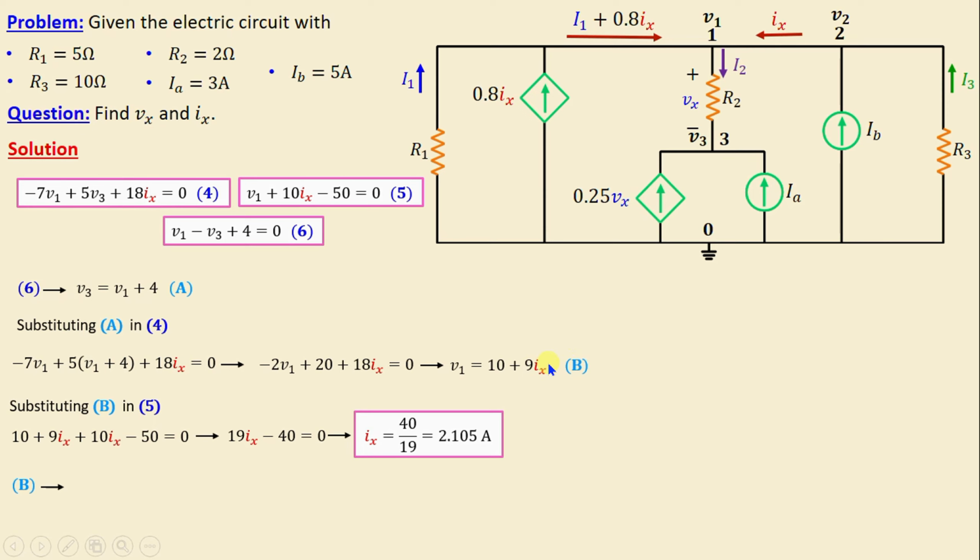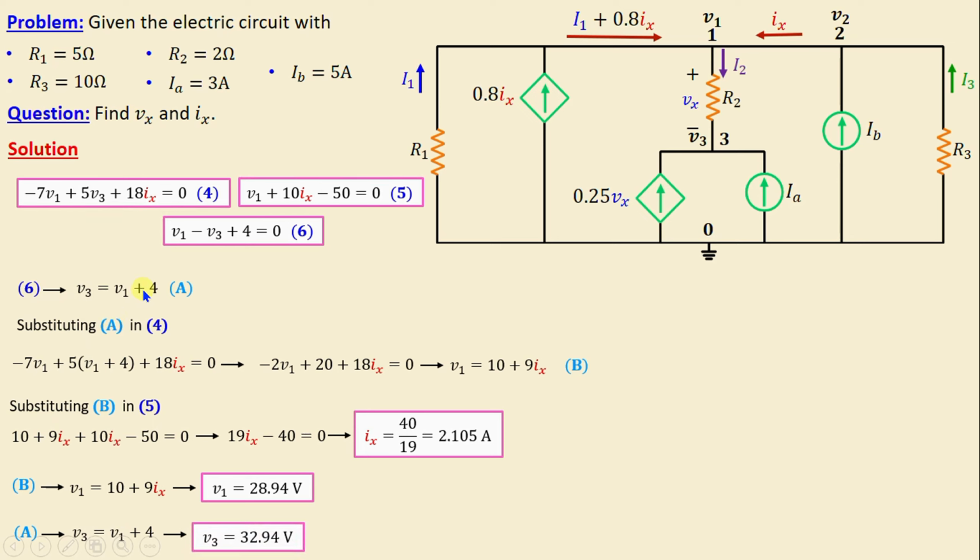If we replace Ix with its numerical value, we obtain V1 is equal to 28.94 volt. Let's move on now to A. From A, we have V3 is equal to V1 plus 4. If we replace V1 with its numerical value, we obtain V3 is equal to 32.94 volt.